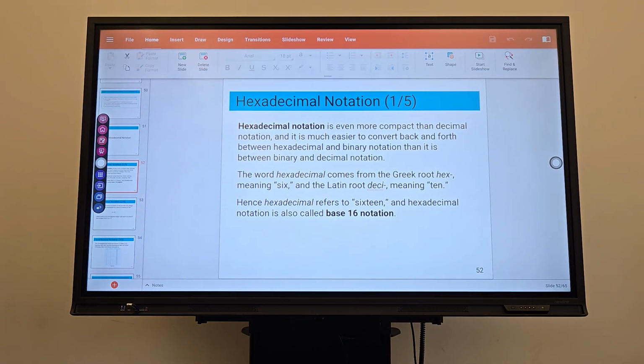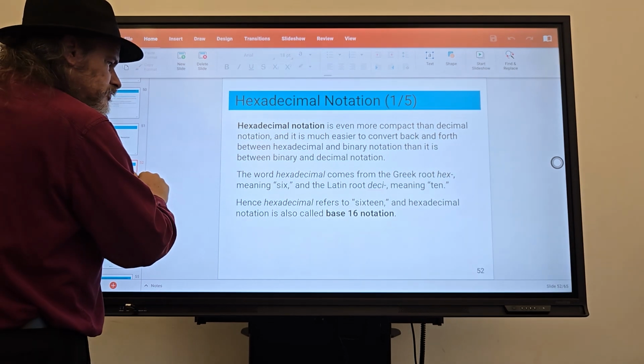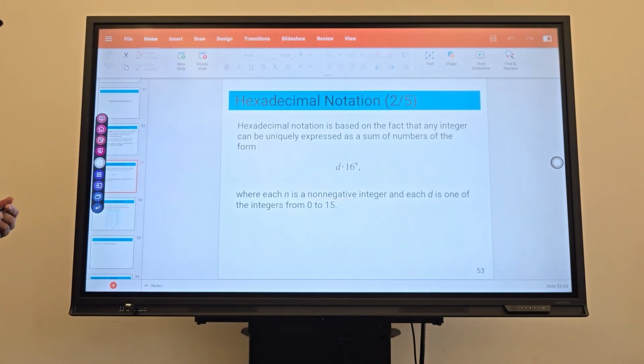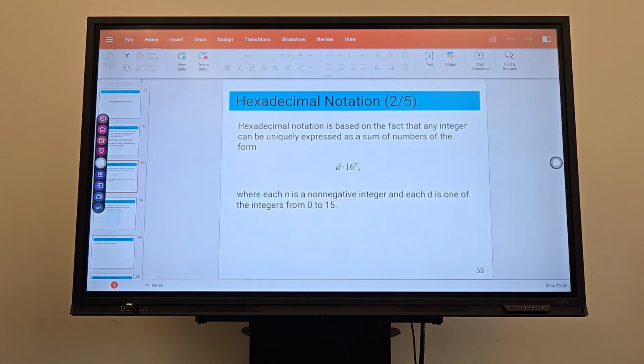Hex and deci are prefixes, not roots. But anyway, each hexadecimal location represents a power of 16 because that's the base.